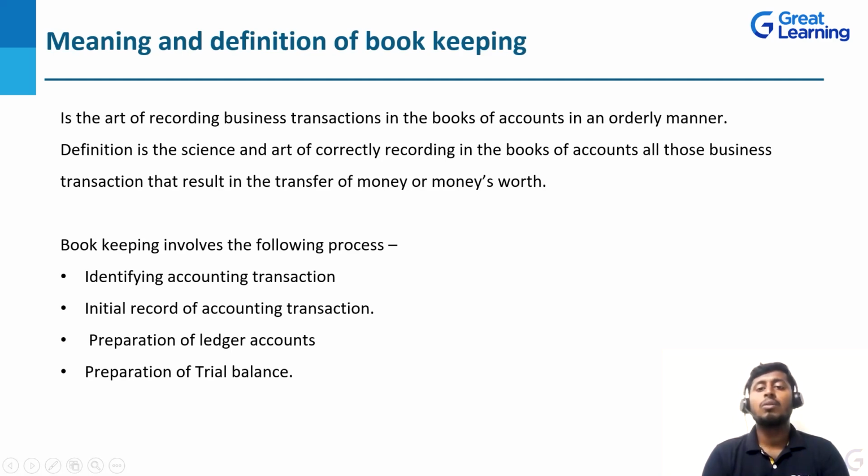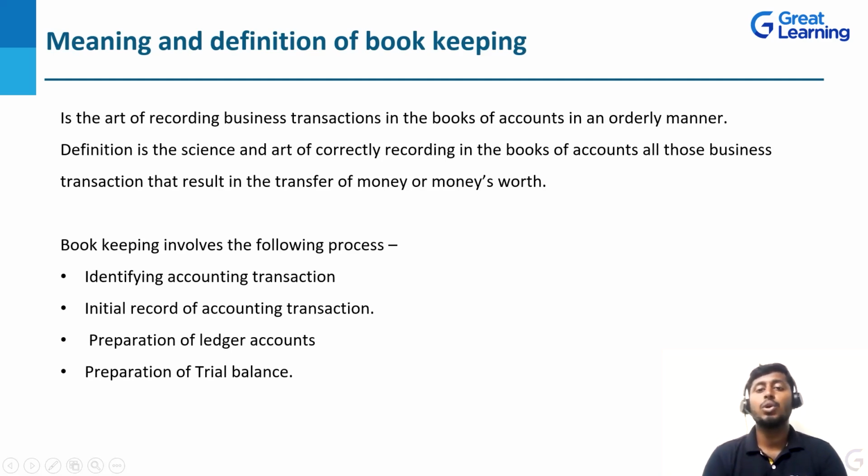Second step, initial record of accounting transactions. All your books of accounts, either journal entry, trial balance, ledger account, P&L account, balance sheet, all your financial statements, first we need to start with bookkeeping. Where will you get the transaction? From bookkeeping or ledger books only, correct?